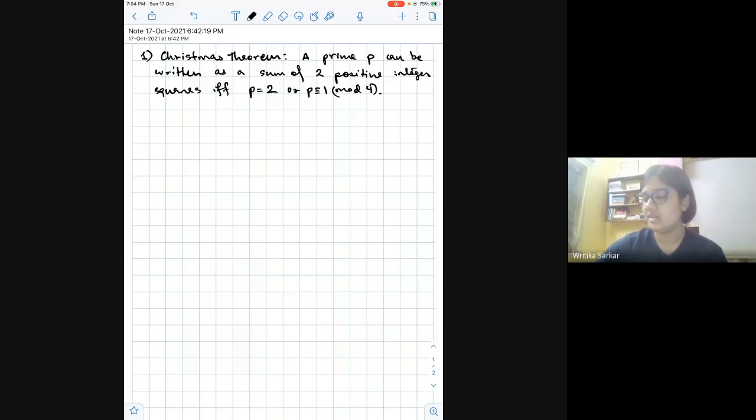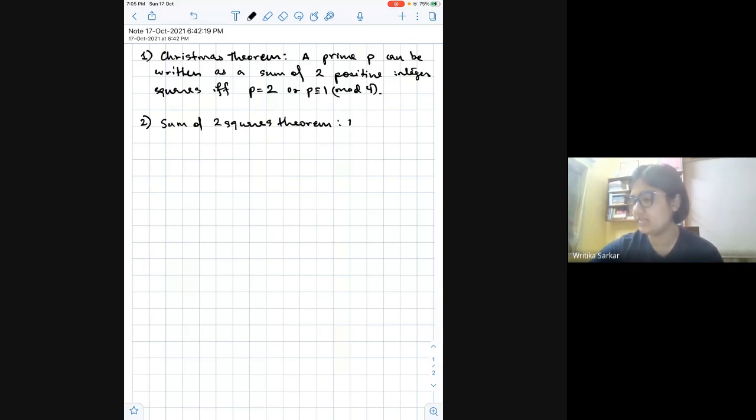And the second theorem, I think Fermat also mentioned in that very particular letter, and that is known as the sum of two squares theorem. I'm just using my own words here.